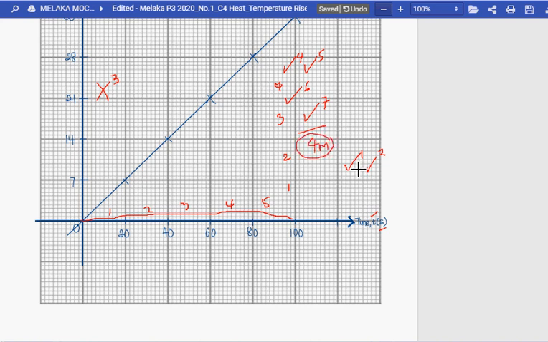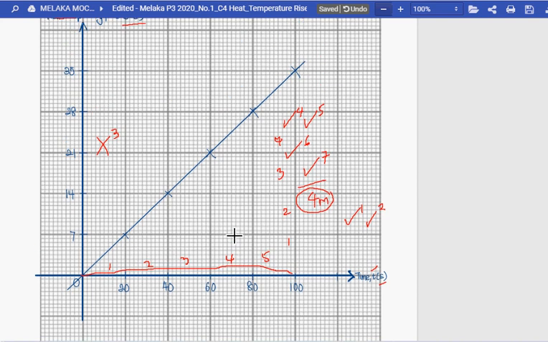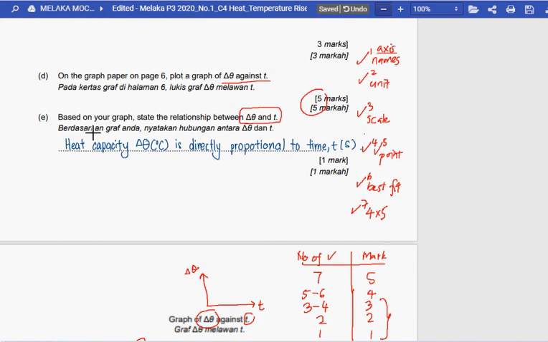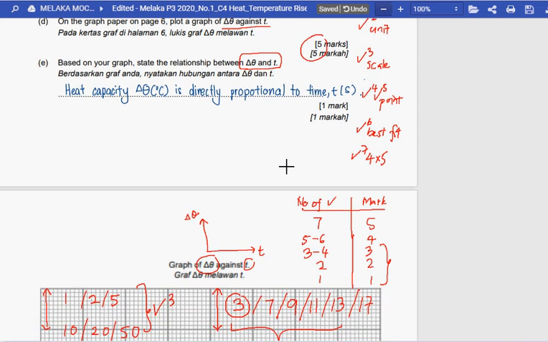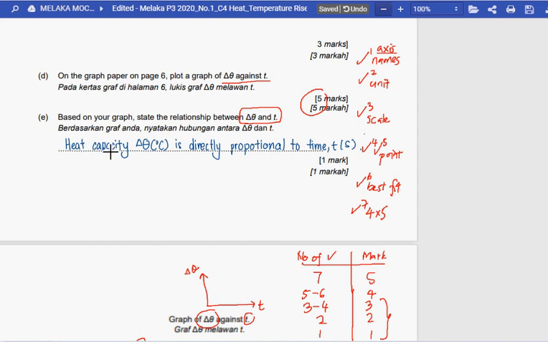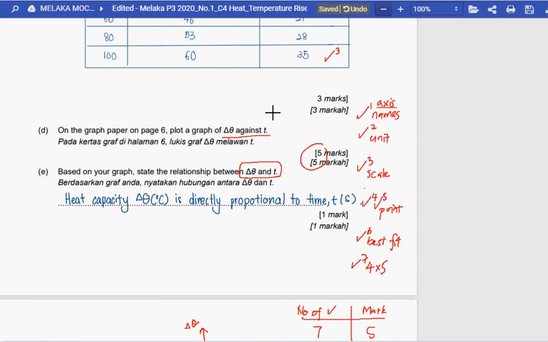Then what about the relationship of the graph? Based on the graph, state the relationship between delta theta and t. Now, if you are not confident with the name just now, just use the symbol given, because here they already give you delta theta and t.